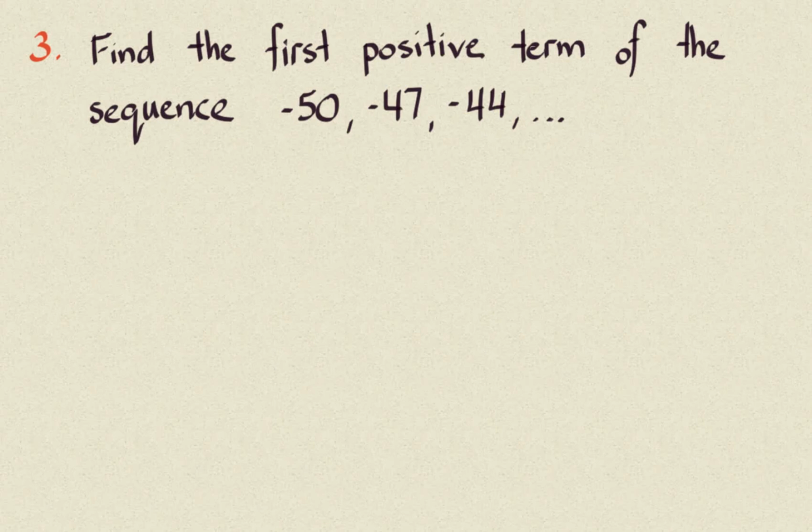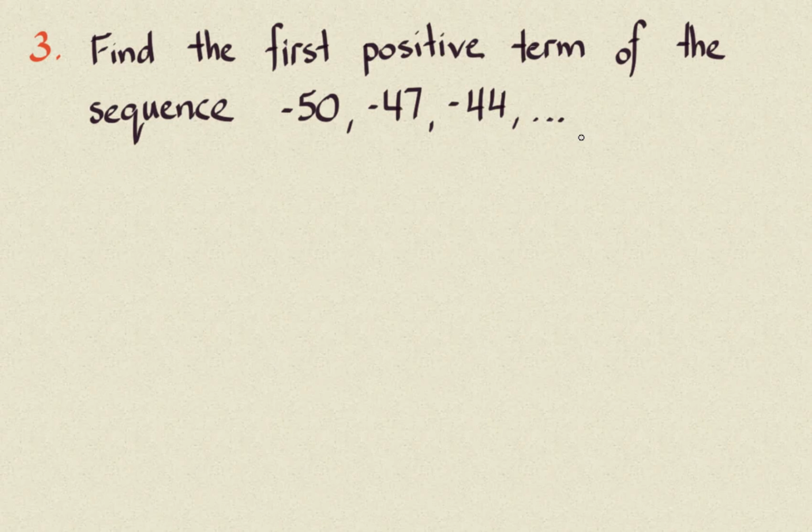This third example is a little bit different. Find the first positive term of the sequence minus 50, minus 47, minus 44, and so on. So we can see all of these are negative, but the numbers are getting larger. So at some point we're going to reach 0 or cross over 0, and then we will have positive terms.